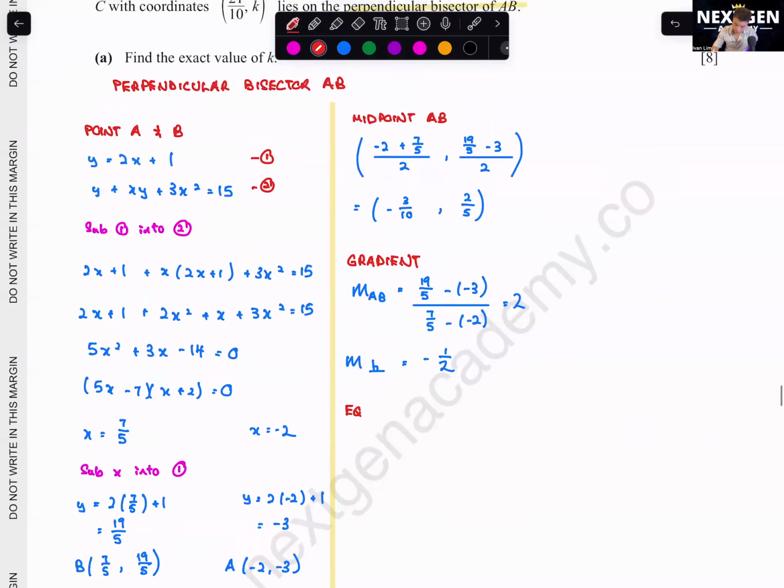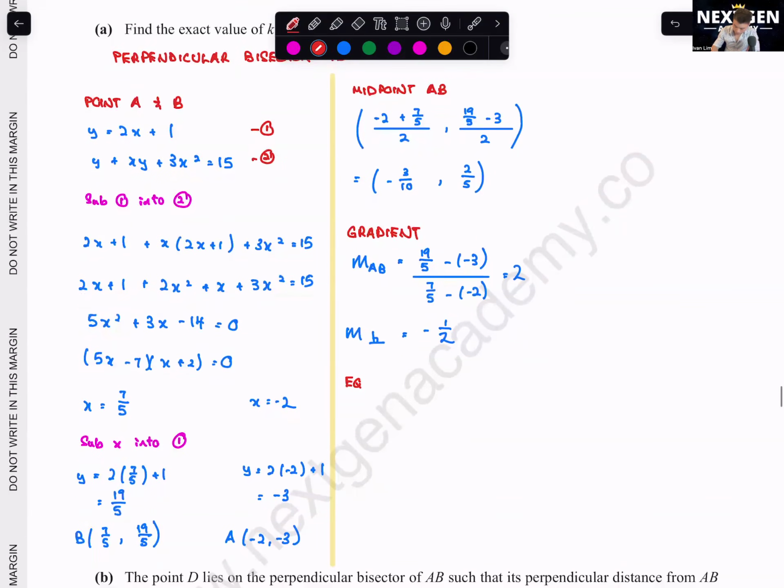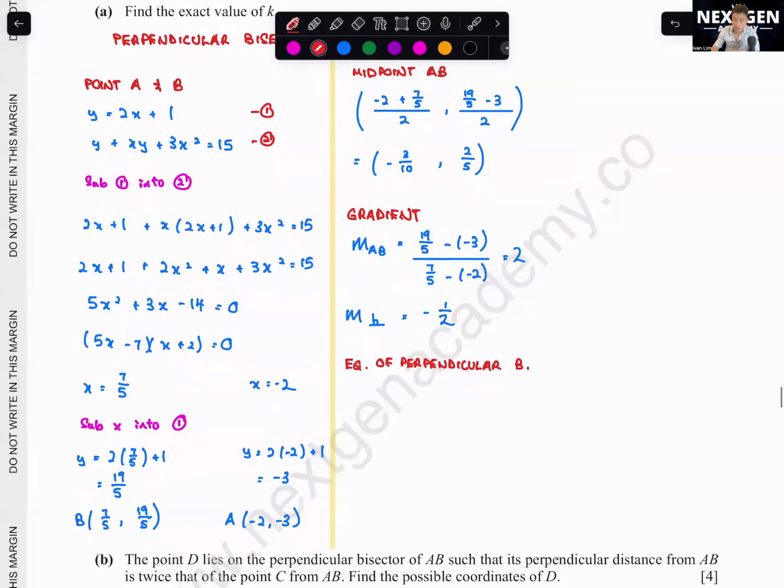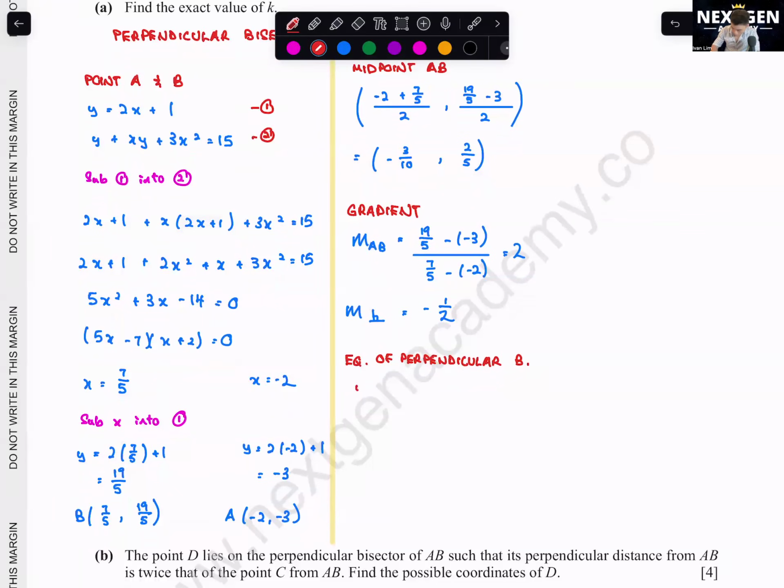Equation of the perpendicular bisector. So we'll use y minus y1 equals m(x minus x1). We have to use the gradient of the normal and the value of the midpoint. So y minus 2 over 5 equals minus 1 over 2 (x plus 3 over 10).